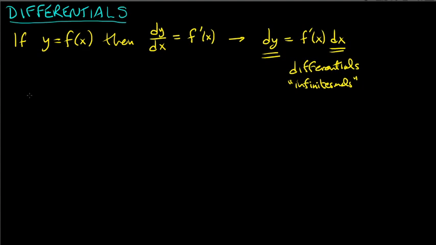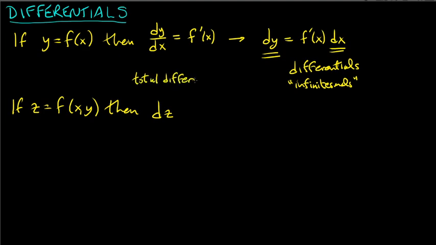And so now we can go on to a function of two variables. Let's suppose z is a function of x and y. Then we can write dz as a differential. In fact, we can think of this as the total differential. I'll just call it the differential of z.